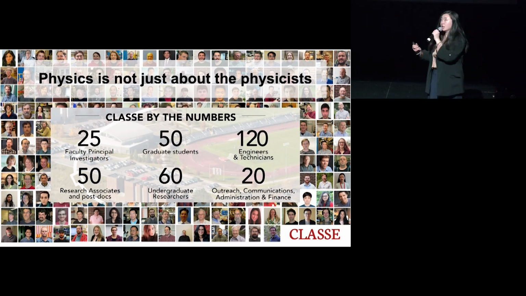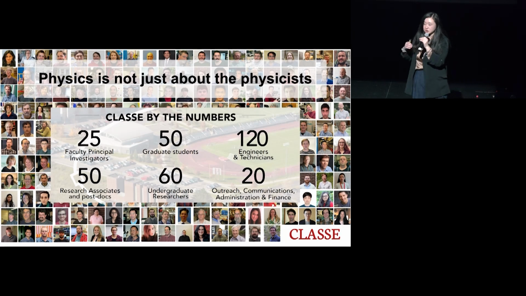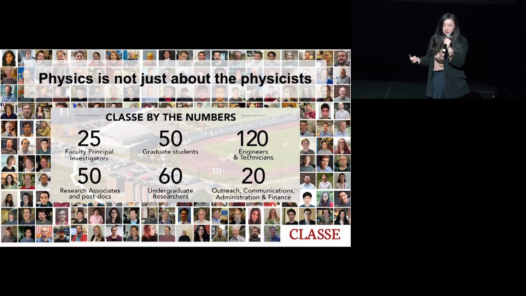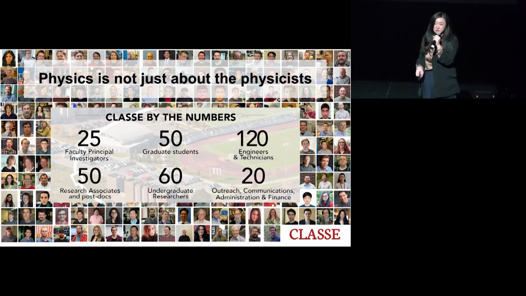It is also important for us to have the message be clear and understood, so people can think about how every one of you can participate in physics. I just want to really emphasize that physics is not just about physicists. It takes a village to make particle physics happen.